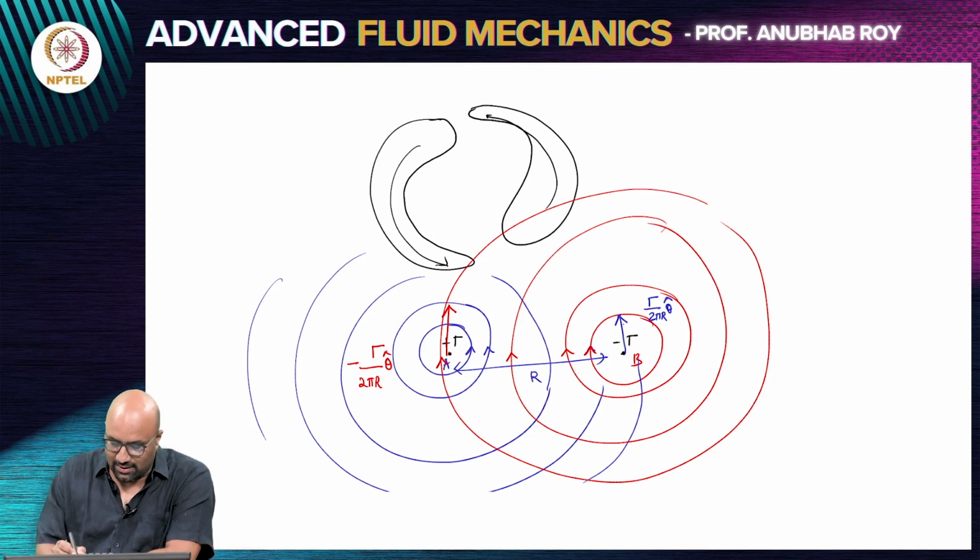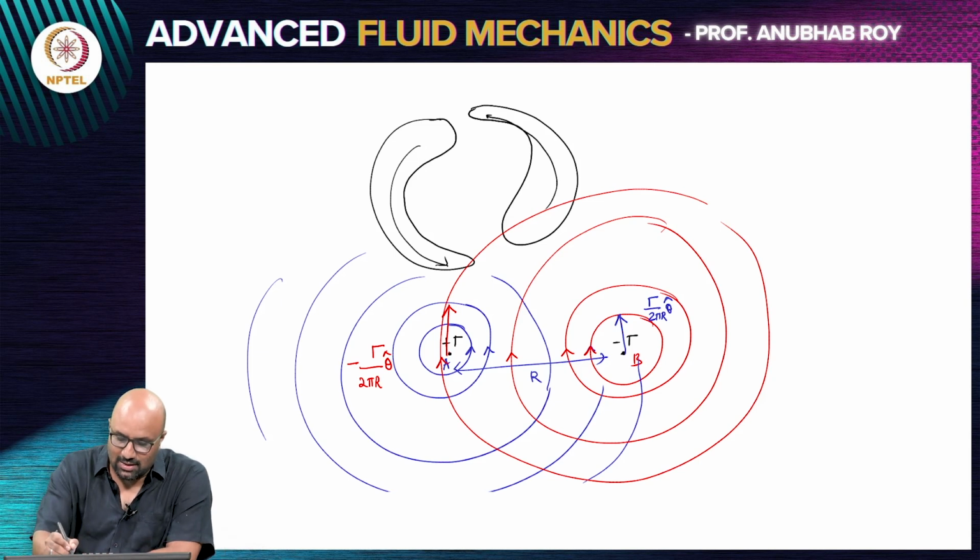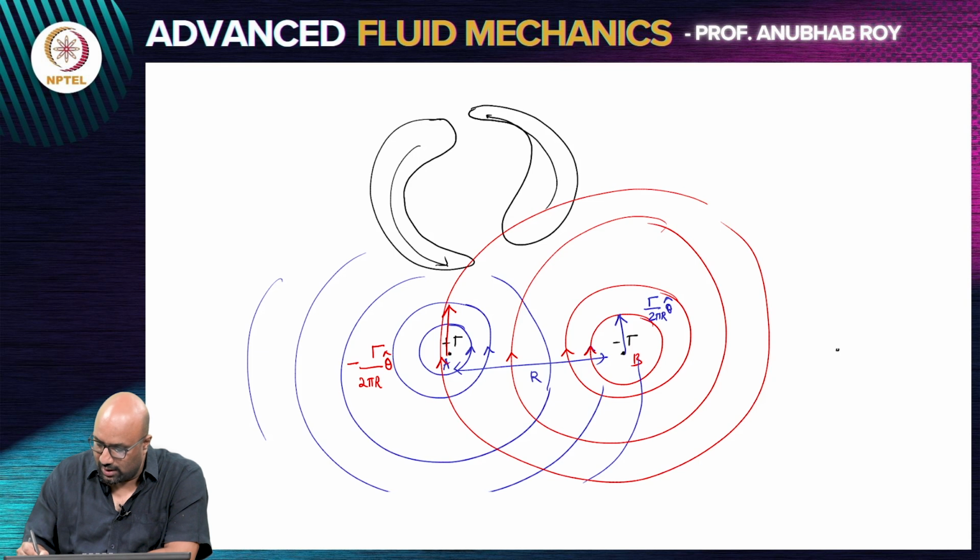So together, if you see the two vortices, they both have a sense which is going in the same direction. So that means what you will get eventually is that if you have a pair of counter rotating point vortices, they are going to translate. They will just move in a straight path.